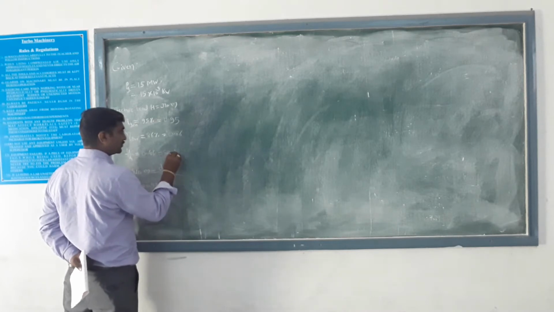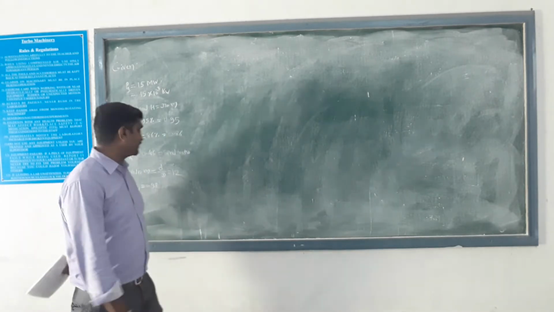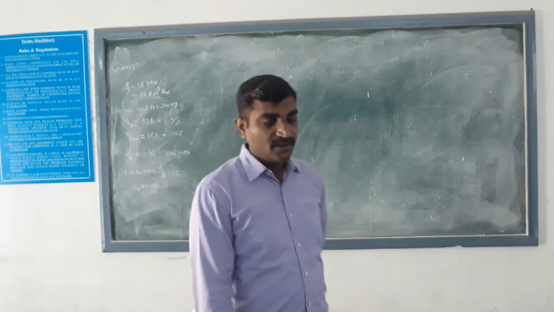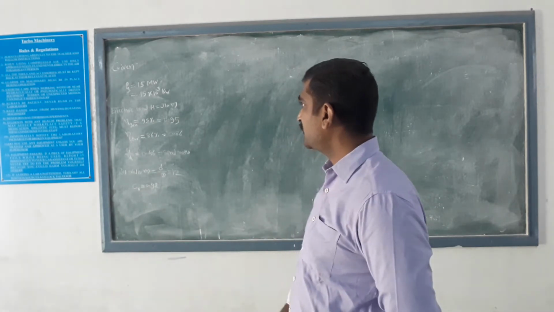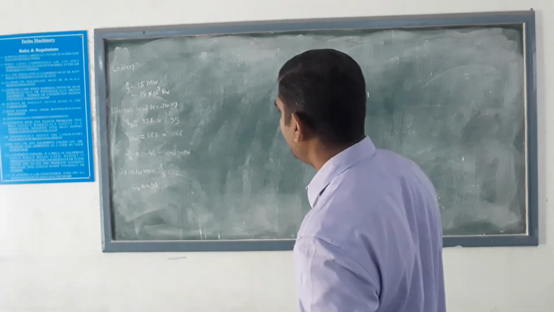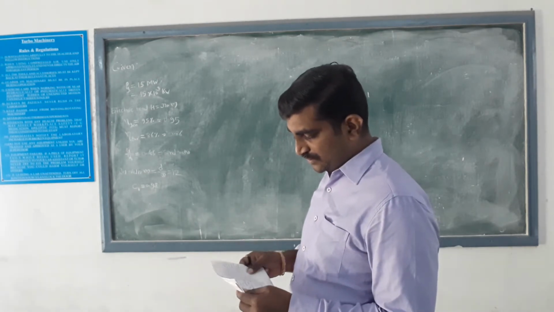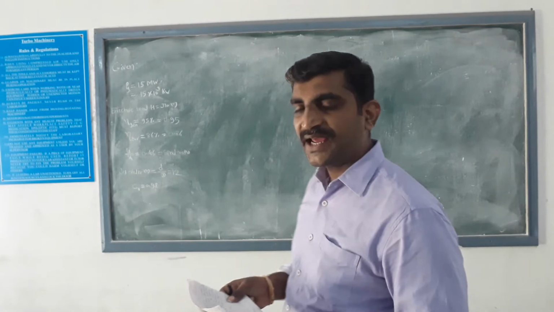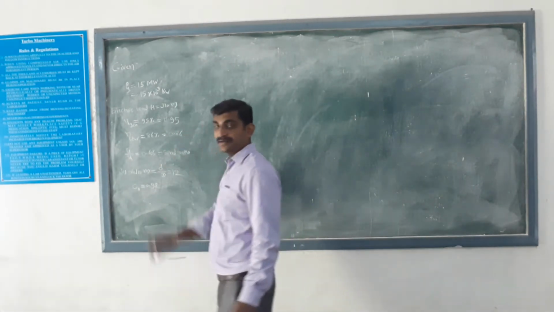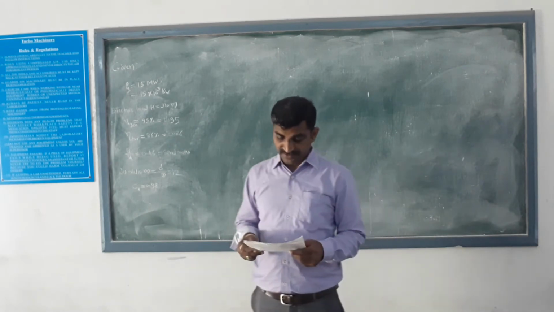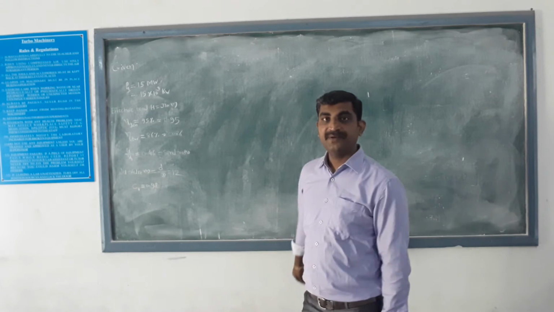This is the speed ratio, blade velocity to jet velocity. Now solve this problem. We are asked to determine the jet and runner diameter, both diameters, and both the speed and specific speed.